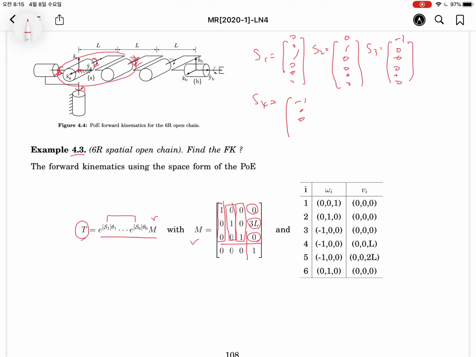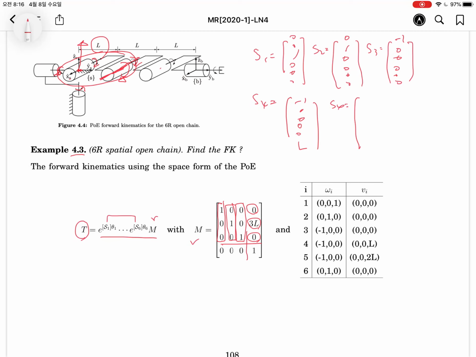Let's assume that this is the turntable. With the minus x movement applied here, the origin will have a linear velocity in the plus z direction with the magnitude of L, so 0, 0, L.